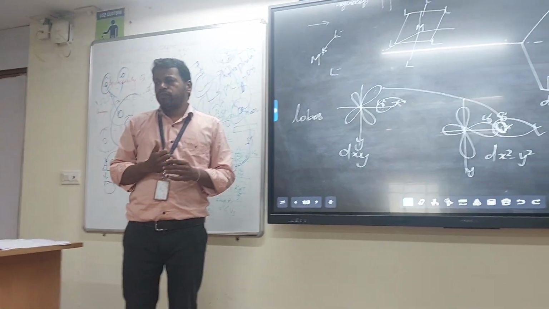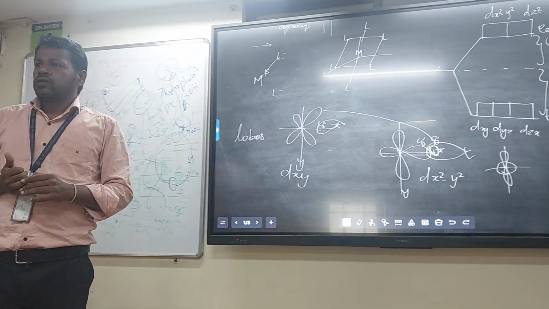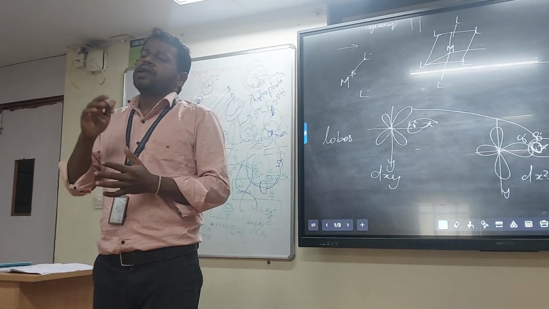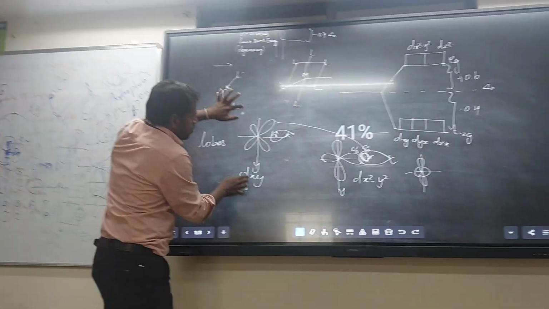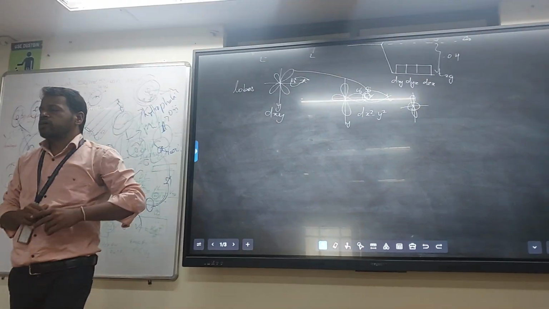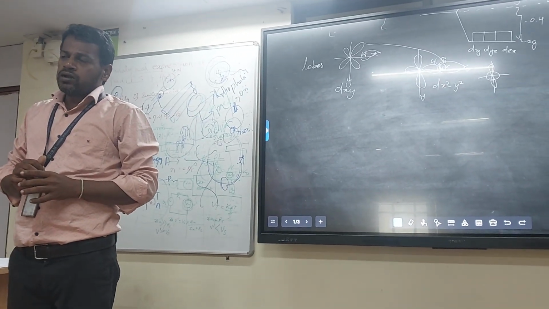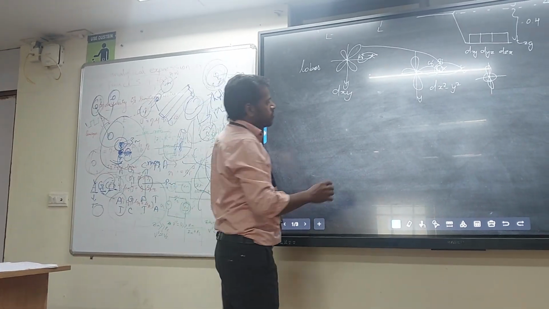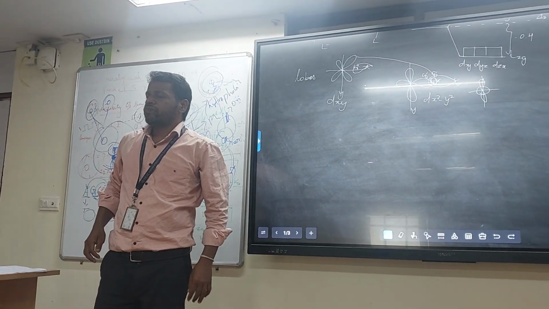Next point. And the eg orbitals: in the same octahedral complex, the eg orbitals are higher energy, because the lobes are present along the axis.